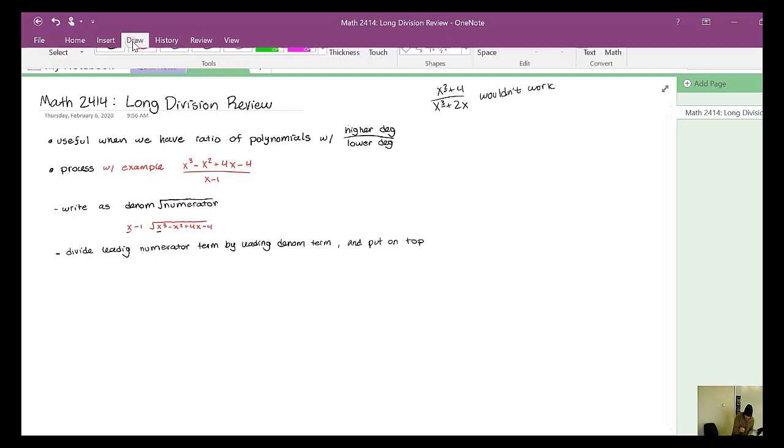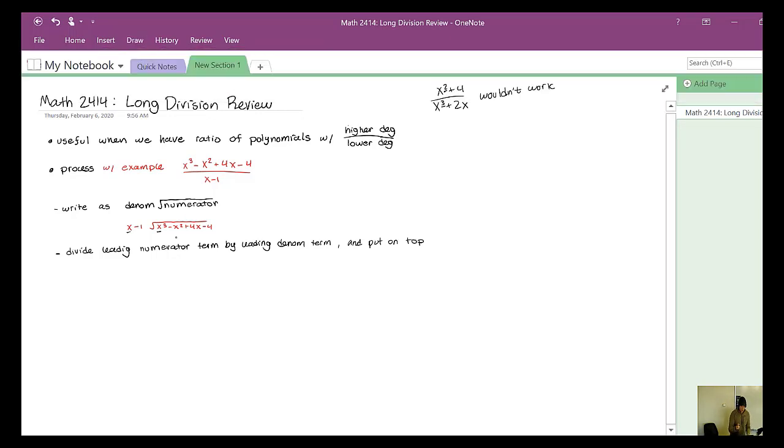So in our example, what's x cubed divided by x? Right, so we would have x minus 1 roof x cubed minus x squared plus 4x minus 4. And since the result is x squared, we write x squared on top.